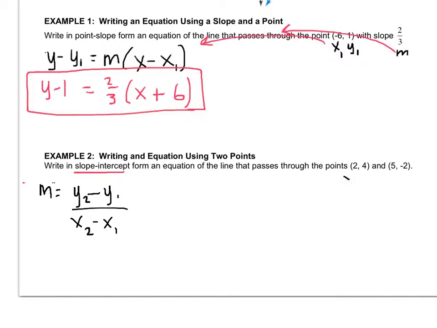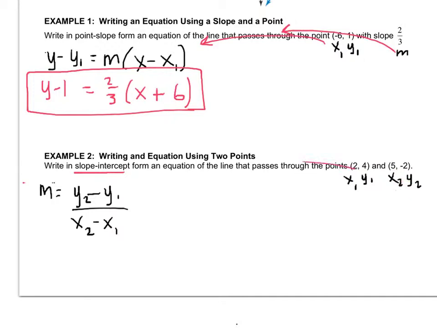So I'll label x1, y1, x2, y2. And the reason that they label like that is because this is an x value and this is a y value. This is an x value, this is a y value.